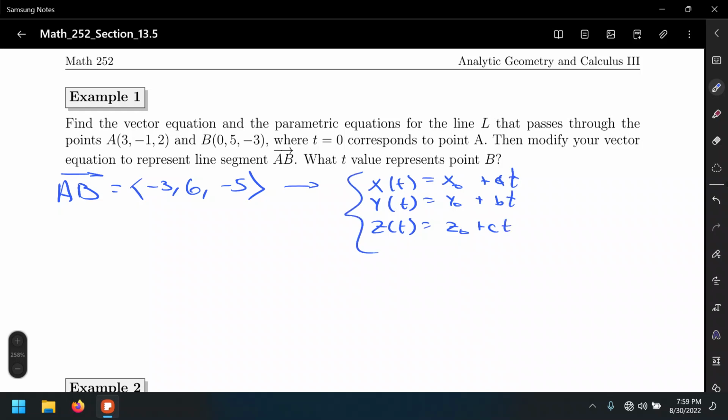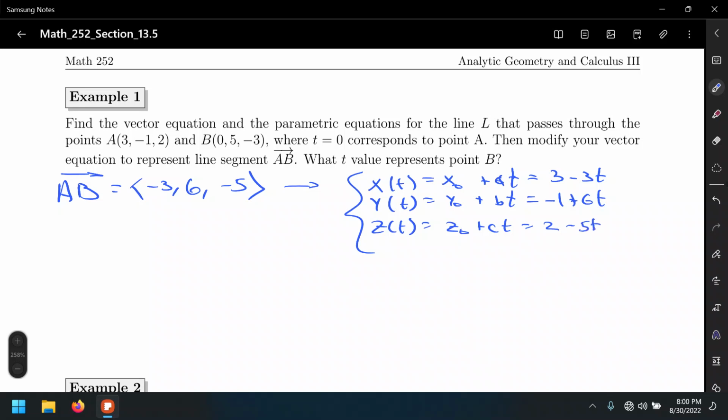And well, this will be 3 minus 3t, and that's the x-coordinate of the initial point, and then -1, which is the y-coordinate of the initial point, and plus 6 times t. The 6 is the component of the vector from AB, and 2 minus 5t.